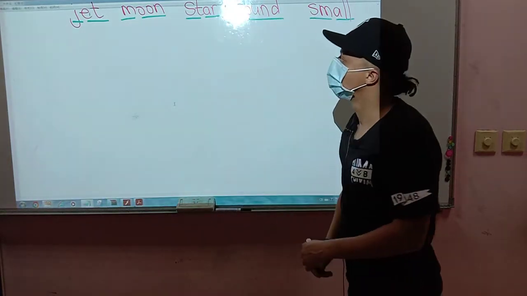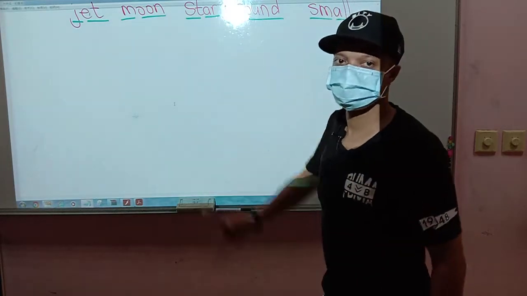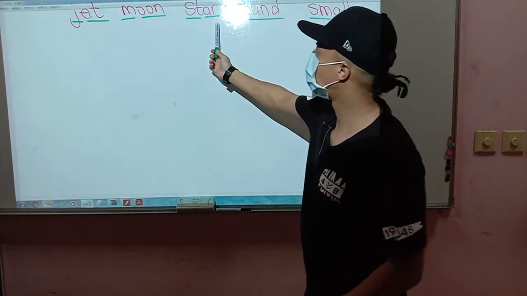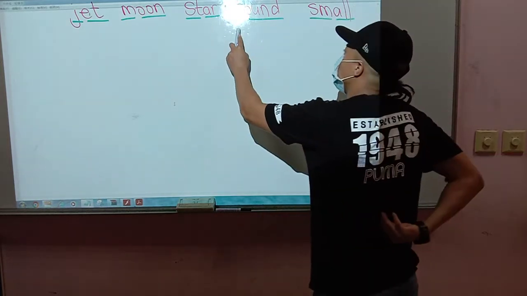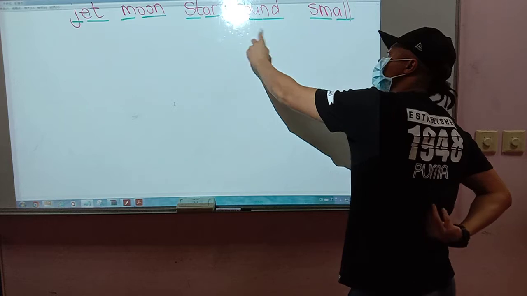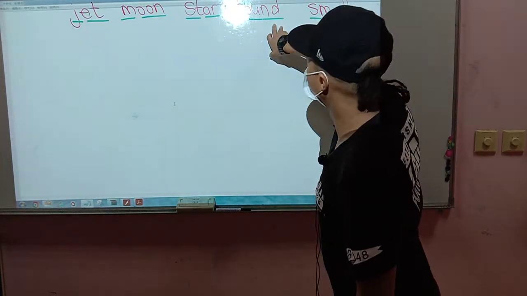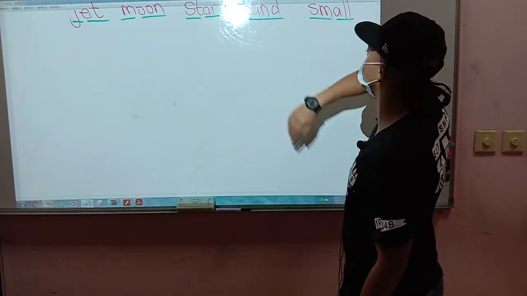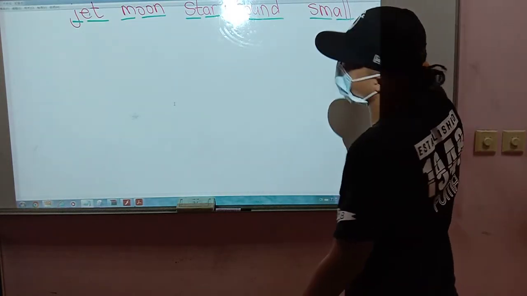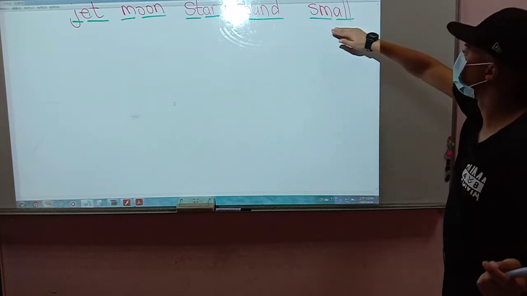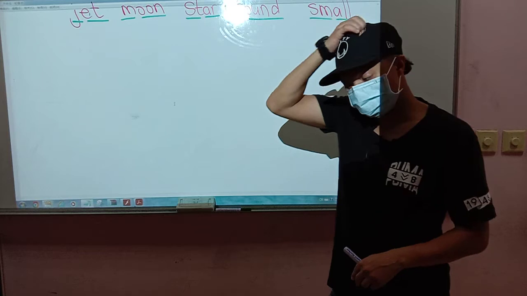Moon. Star. Round. Small. Okie dokie. Let's go ahead.